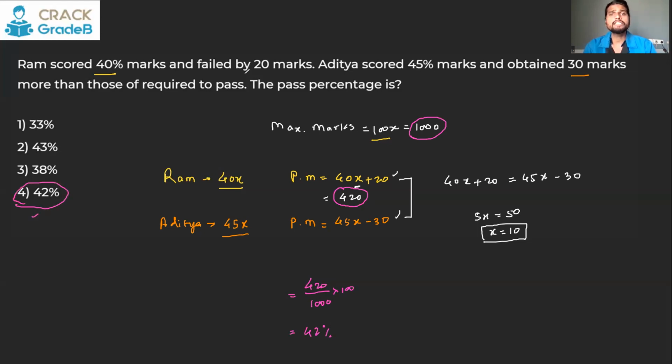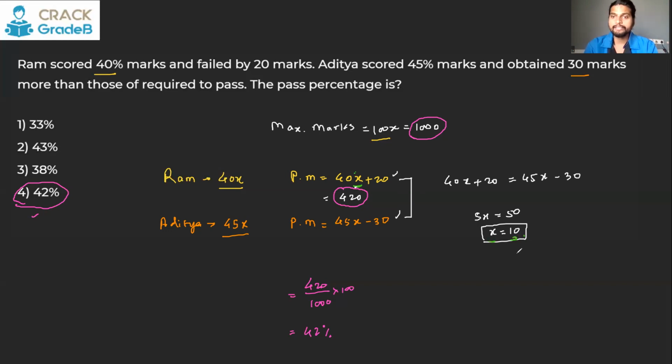But friends, if the question is a little tricky or the figures are not so easy, then you can do one thing all the time: rather than converting this figure in terms of 10, you can put 20 in terms of x.